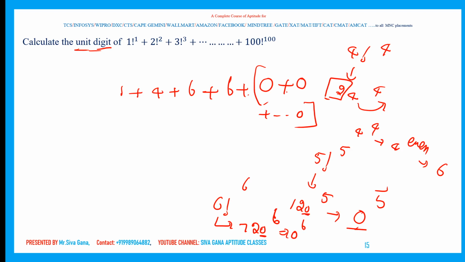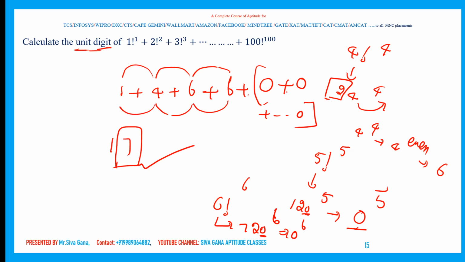From 5 factorial onwards, all the unit digits are zeros. So simply the answer is 1 plus 4 is 5, 5 plus 6 is 11, 11 plus 6 is 17, unit digit is 7.